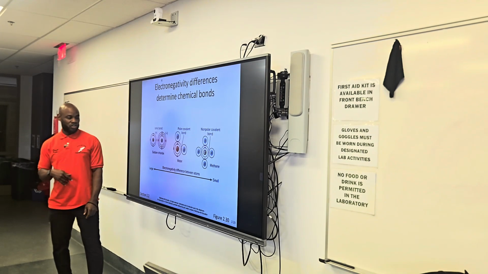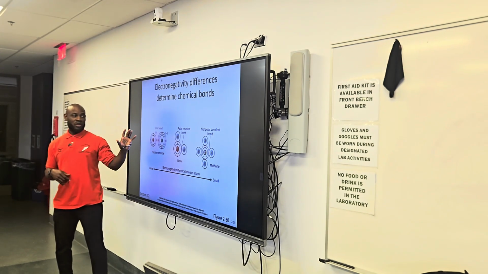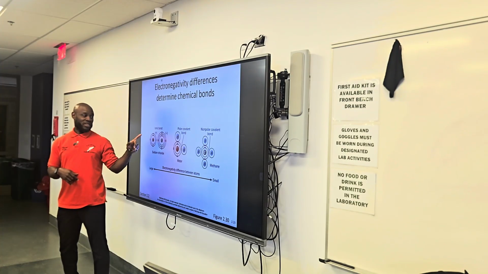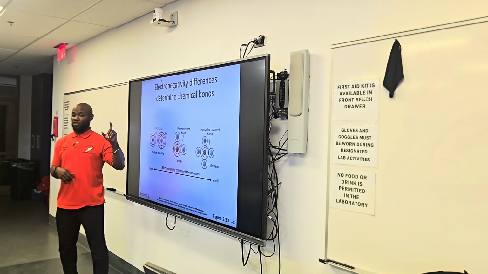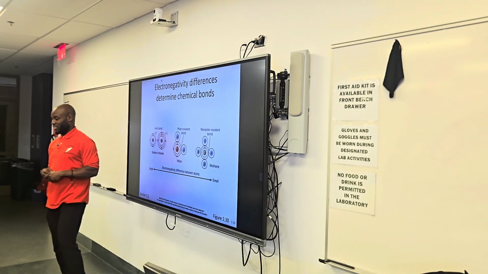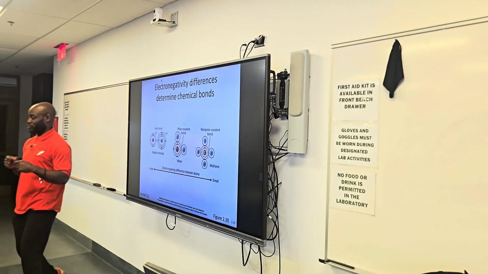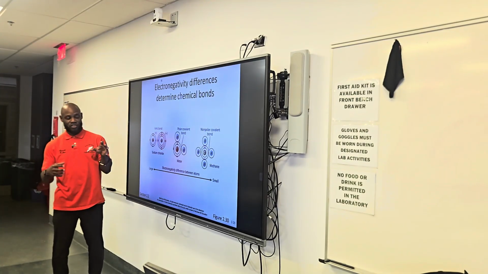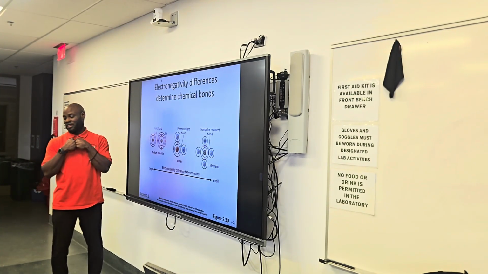The chlorine ion has a much higher electronegativity, so it literally can pull an electron away from the sodium, and therefore, because it has removed an electron from the sodium, now the sodium has a positive charge because it has one more proton than electrons.